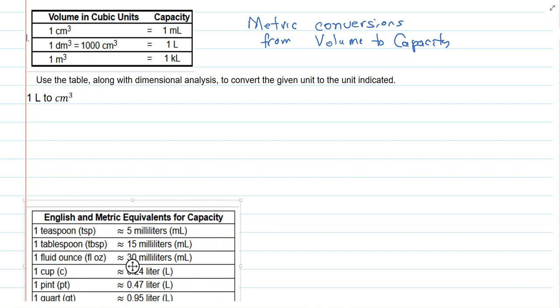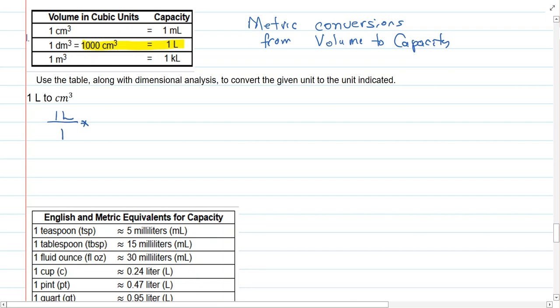So in this one, I see this right there. Very nice. So we're going to be using that one. 1 liter, and I need the 1 liter over the 1,000 centimeters cubed.